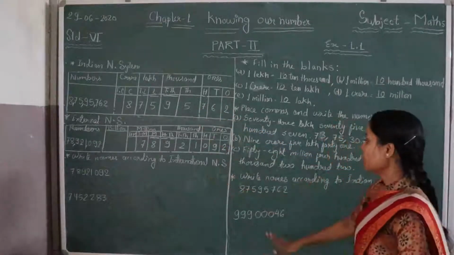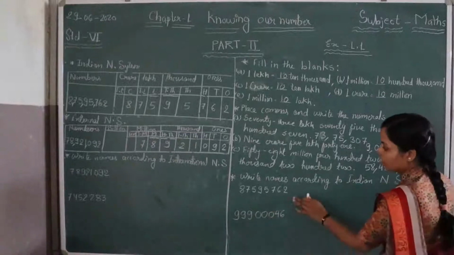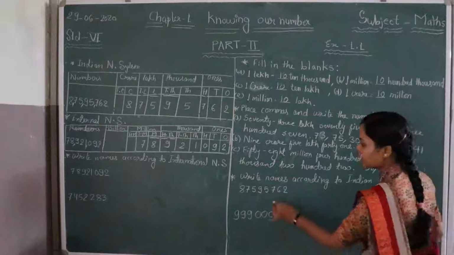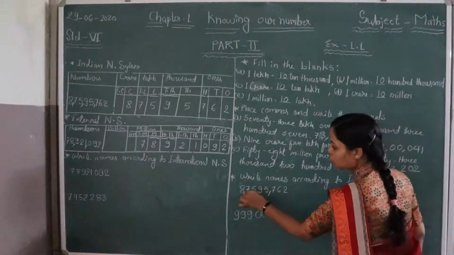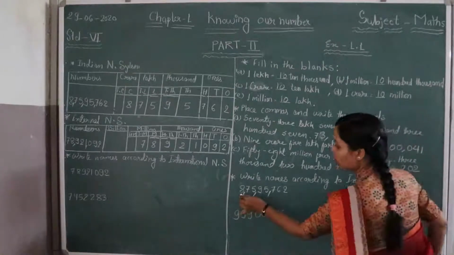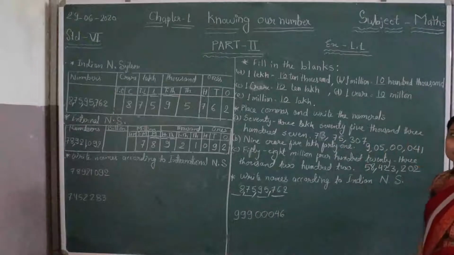Okay. Now come to the number names according to the Indian number system, which we have looked at here in this table. So firstly we place the comma, then we write this. I told you to place the comma from the right hand side taking 3 digits, then every 2 digits. So this is crore value, lakh value, thousand value and ones value.